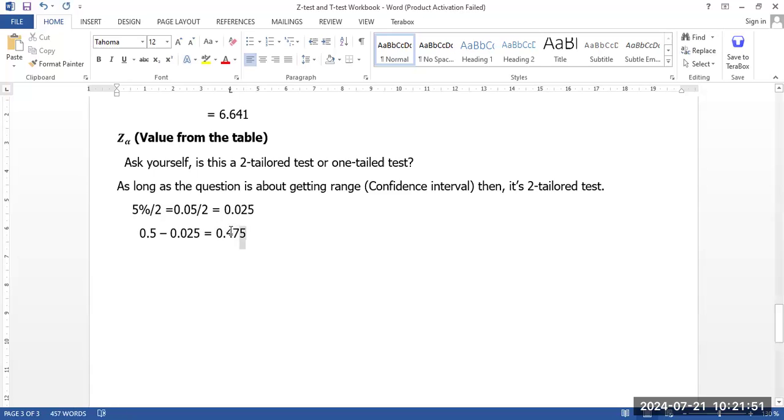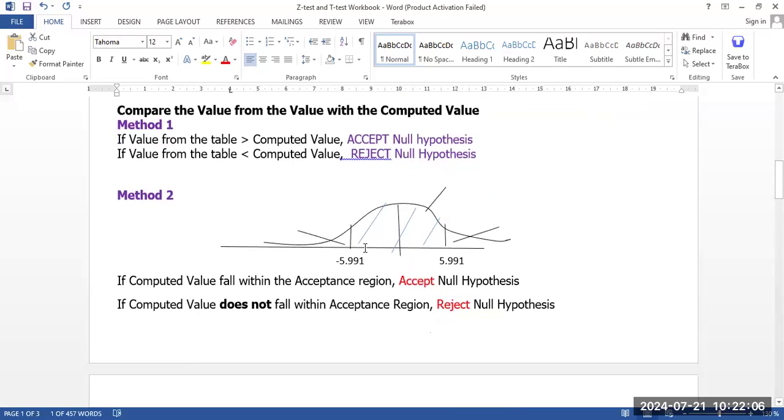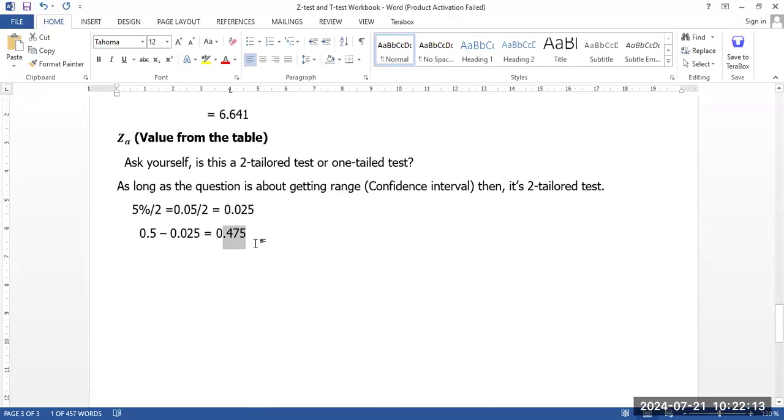This is the value we should read from the table. This is like the probability, because we know that if you add 0.5 plus 0.5, the probability is always equal to what? To 1. So look at this as probability. We need to know which value of Z actually helped you to get that probability.